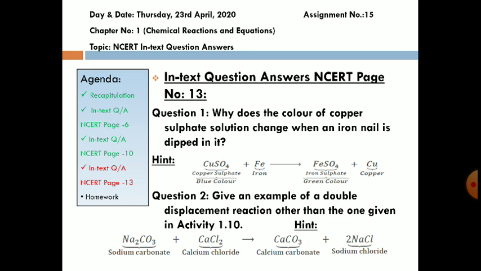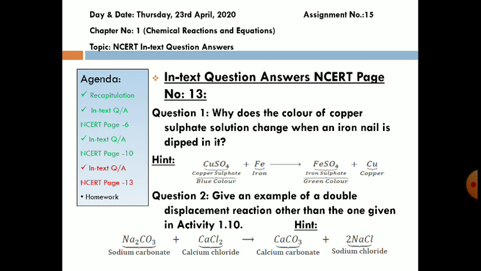Second question, give an example of double displacement reaction other than one given in activity 1.10. A very simple example is sodium carbonate when reacts with calcium chloride to form calcium carbonate and sodium chloride.